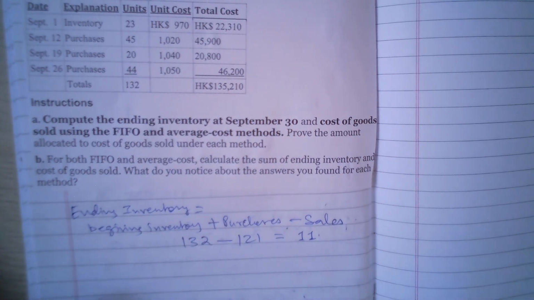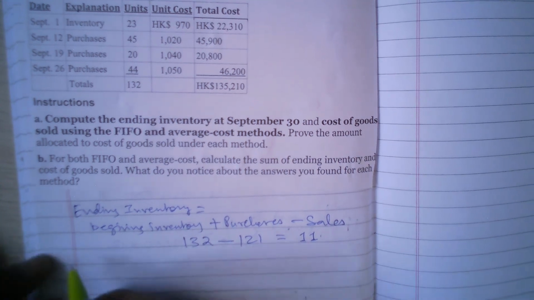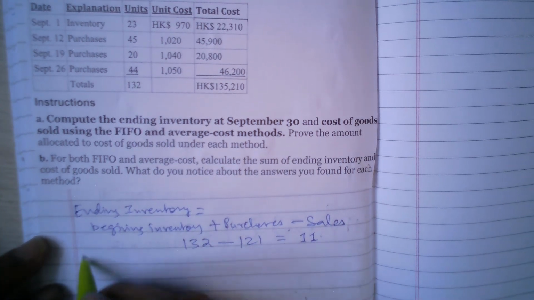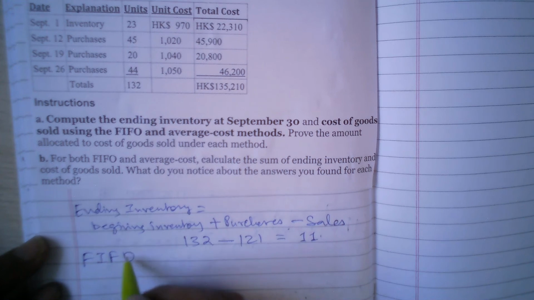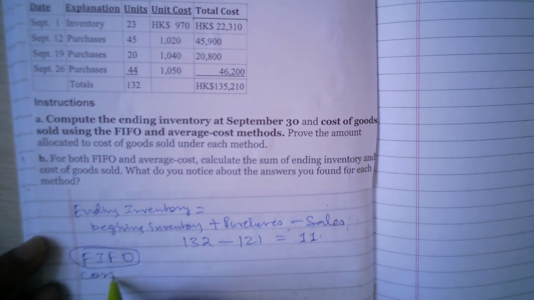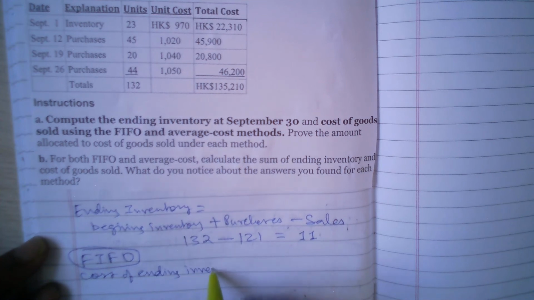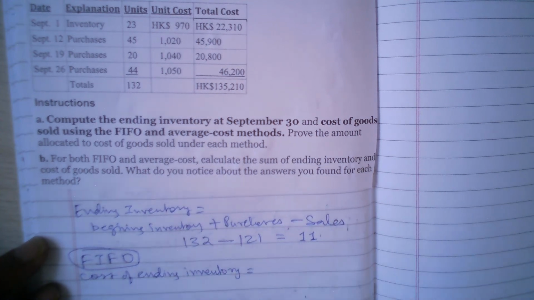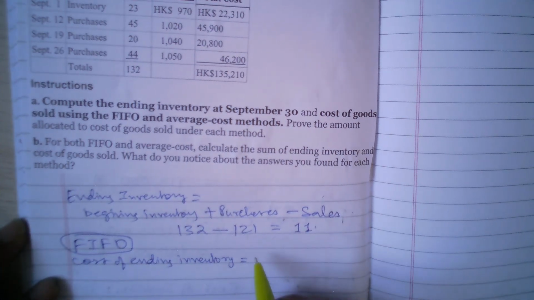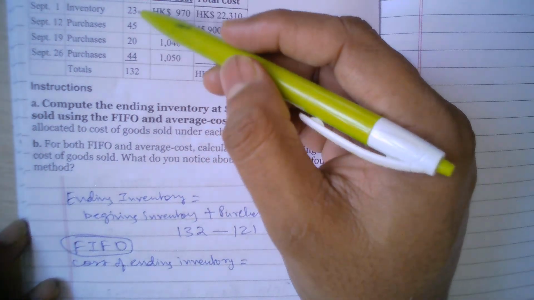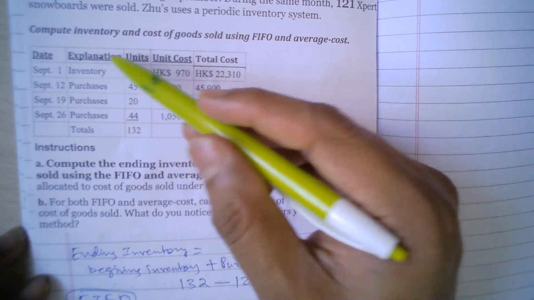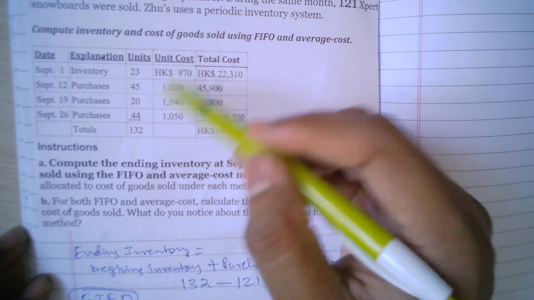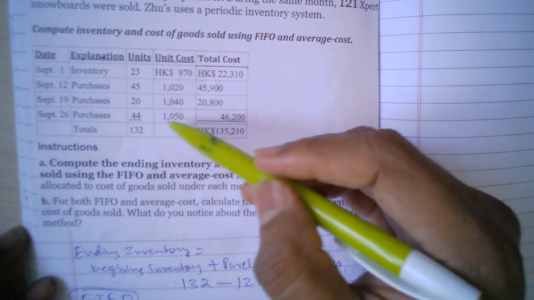Now you need to evaluate these 11 units. Let's go for FIFO, the cost of ending inventory. With first in first out, the initial 23 is sold, 45 is sold, and so on. Whatever is remaining is the last one.